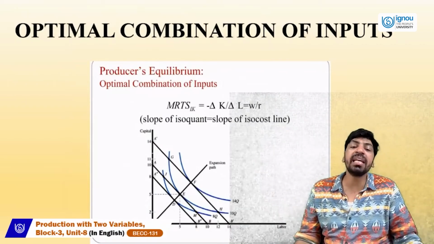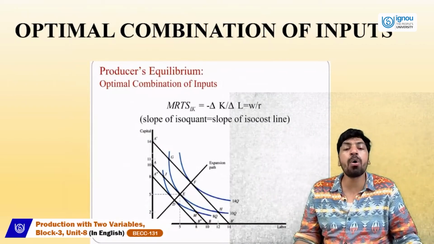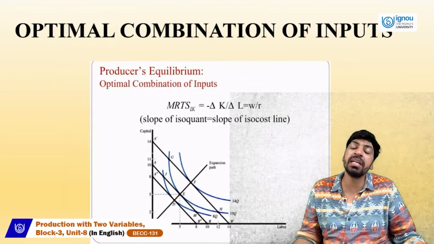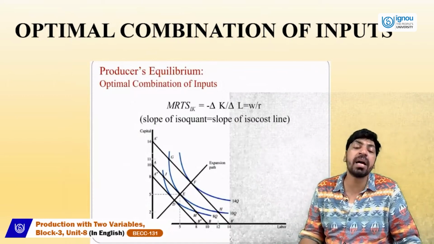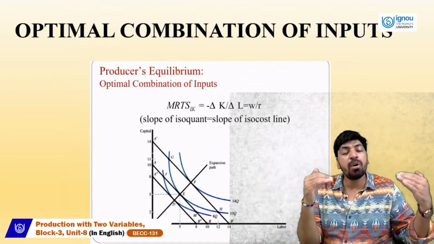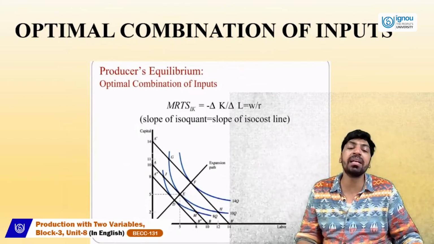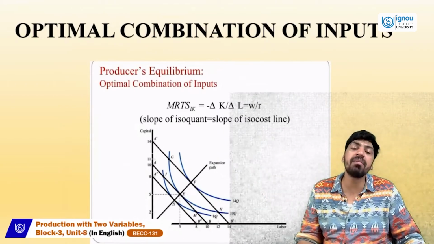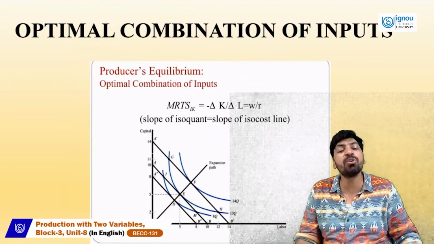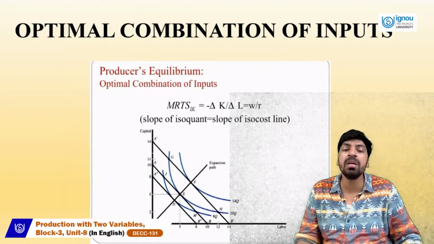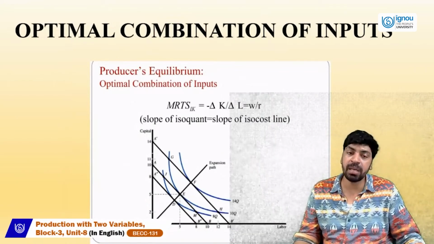Especially E refers to an optimum level of input because it occurs on the original budget line, and when it comes to the original budget line and the curves, by combining them, that's called the optimum level of input at 5 units of output by using these two variable inputs.